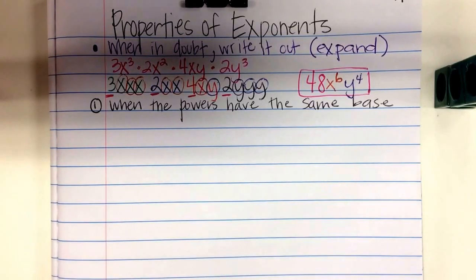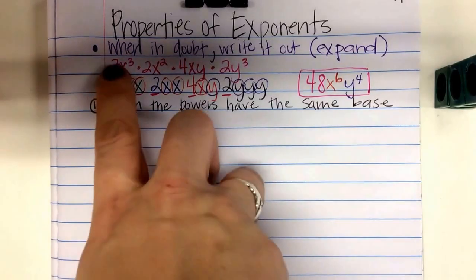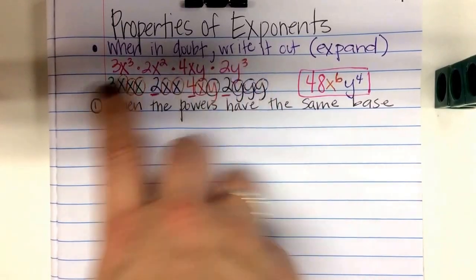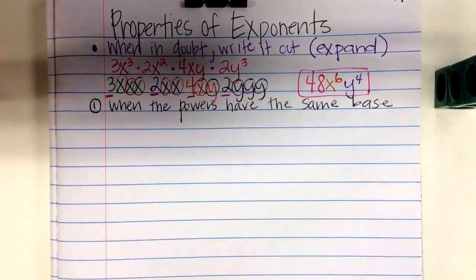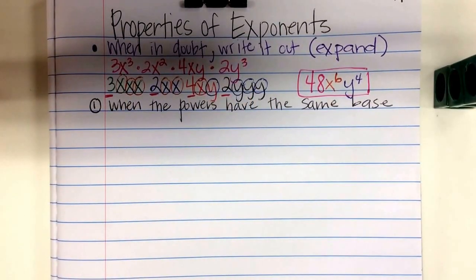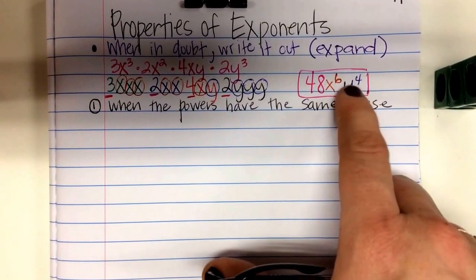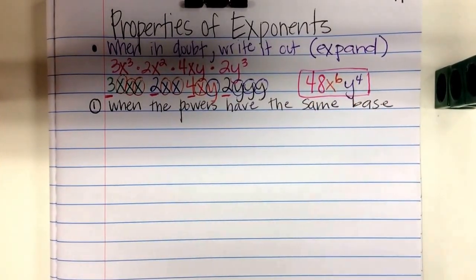The whole number, the number touching that exponent, right? So like x, y. I've got coefficients of numbers: 3, 2, 4, 2. When powers have the same base, when the bottom number, the big number in the power, the bottom one, is the same.